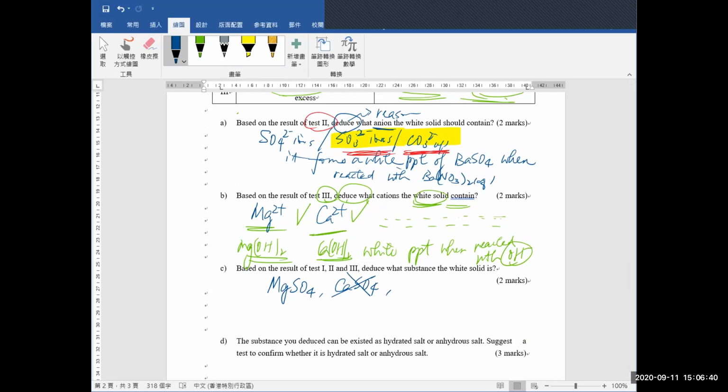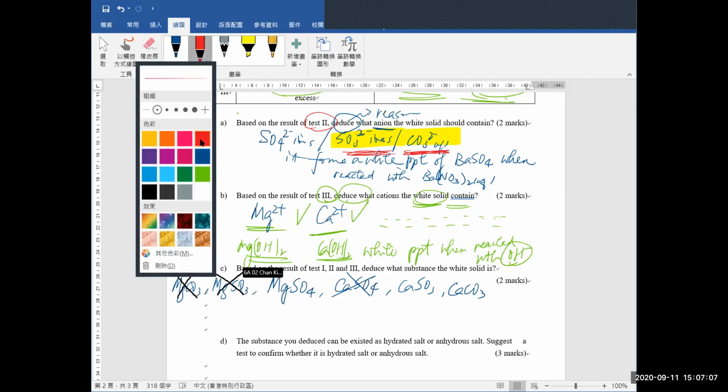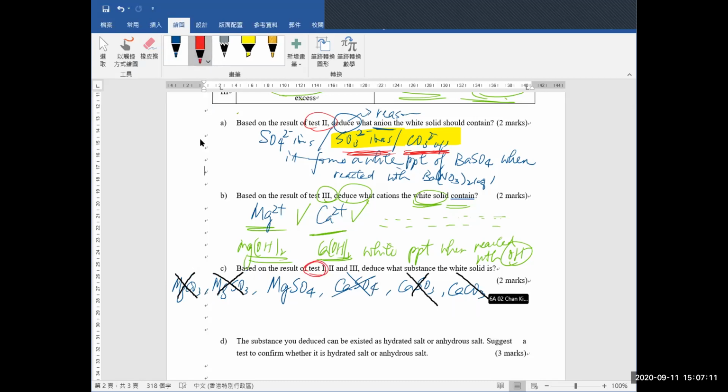Just have a combination, just like a mathematics lesson. Magnesium sulfate, magnesium sulfite, magnesium carbonate. The other three, we've got calcium sulfate, calcium sulfite, and calcium carbonate. Now, based on those six, you have to rule out the possibilities. Based on which test? Especially test one, the solubility test.